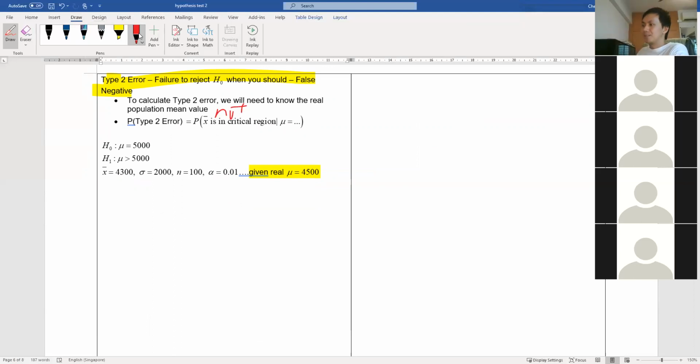So if you look at these values first, this is a z-test.